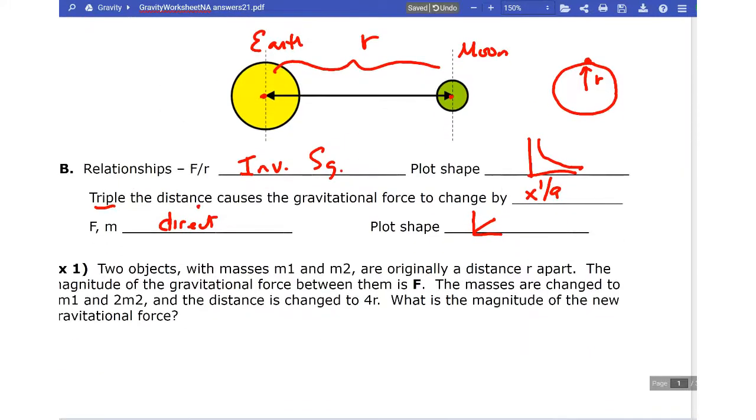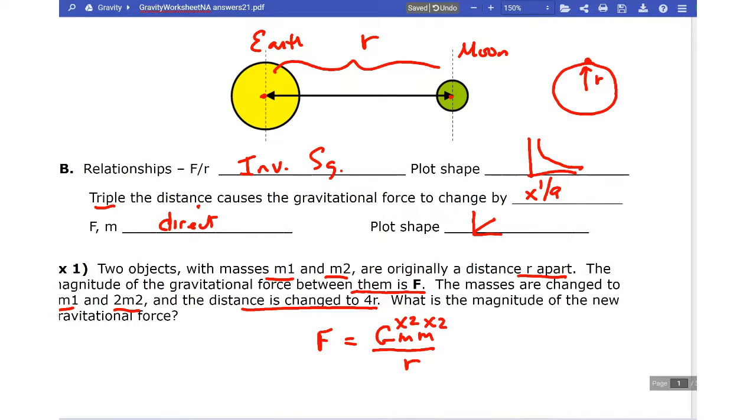Okay, let's see. I told you you won't be plugging into this equation, but you'll be doing relationship questions. You've got M1 and M2, distance R apart. There's a force of F. What if you double both masses and you change the distance to 4R? So how do you do relationship questions? You need the equation. You plug in the changes. Double, double.